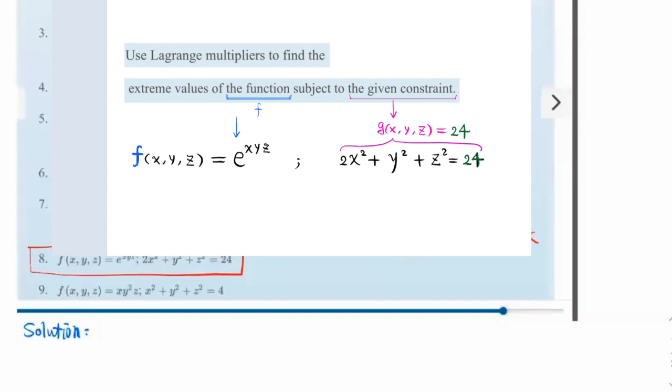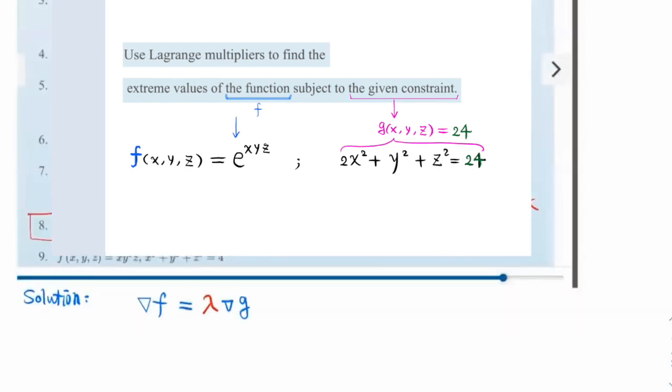We are going to have the gradient of f be a scalar multiple of the gradient of g. Gradient f is equal to lambda times gradient of g. Here lambda is the Lagrange multiplier.